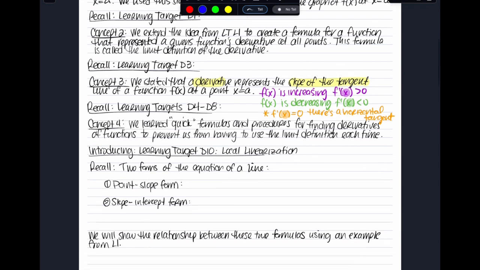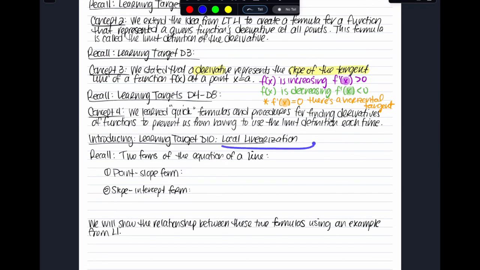So in introducing Learning Target D10, which is called local linearization, really I want to say first, we're not doing anything different than we've done before. It's called local linearization, but all that really means is finding a tangent line.